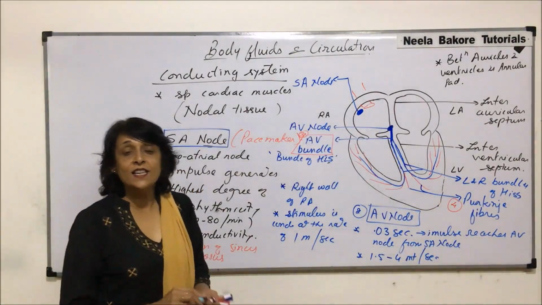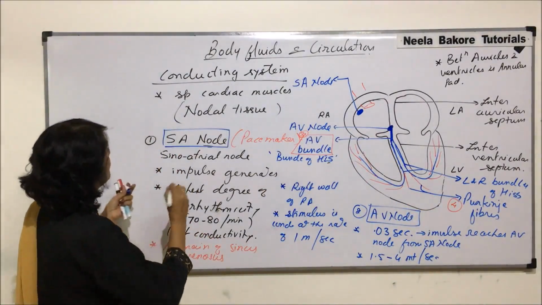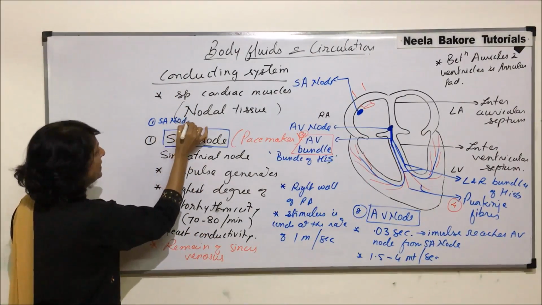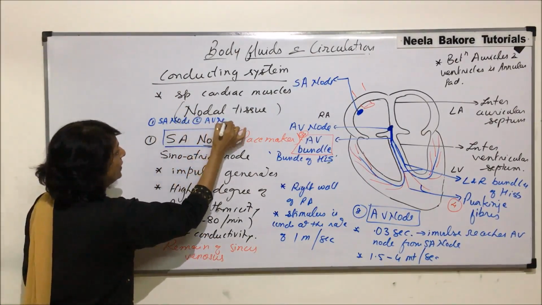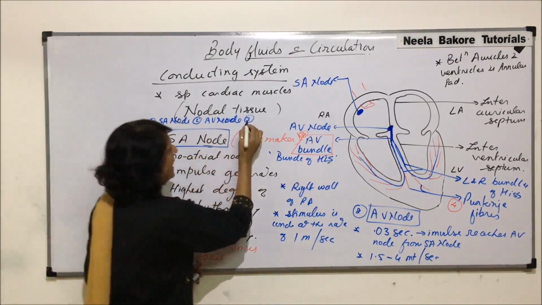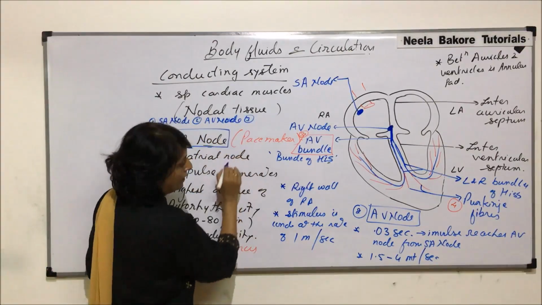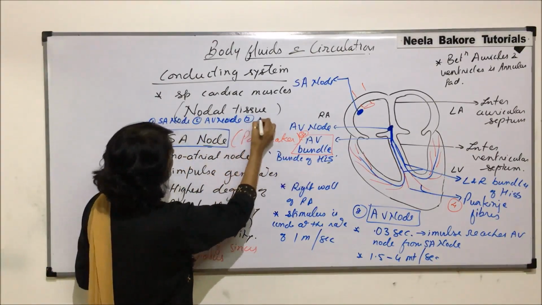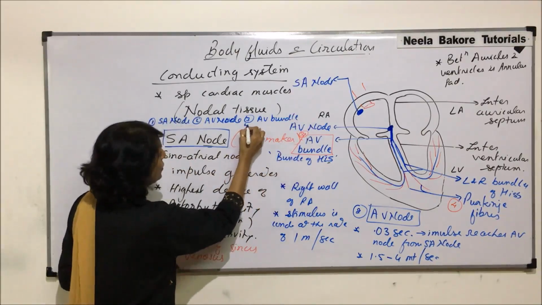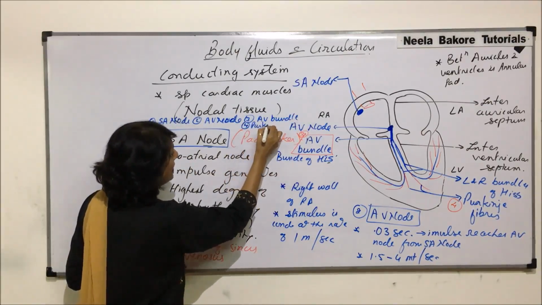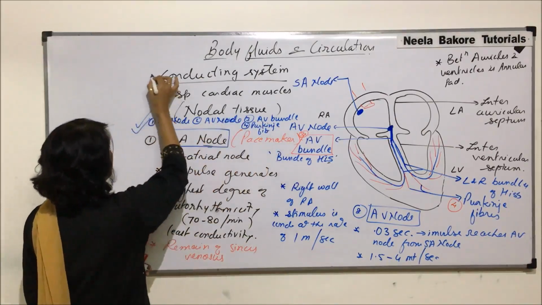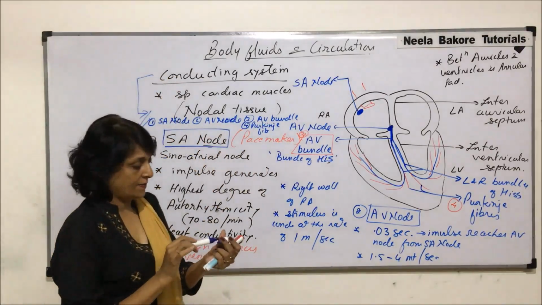So our conducting system comprises of SA node, AV node, then it has AV bundle, and fourth, it has Purkinje fibers. So these four things, they make the conducting system.